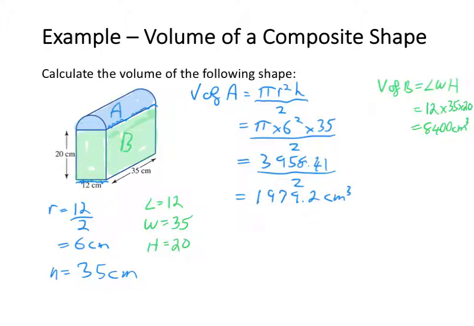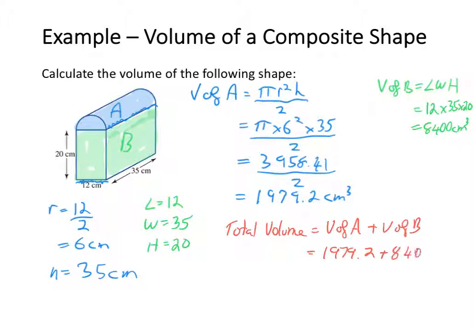So now that I've got the volume of my two individual shapes, I can calculate the total volume, and that is going to equal volume of A plus the volume of B, which equals 1,979.2 plus 8,400.